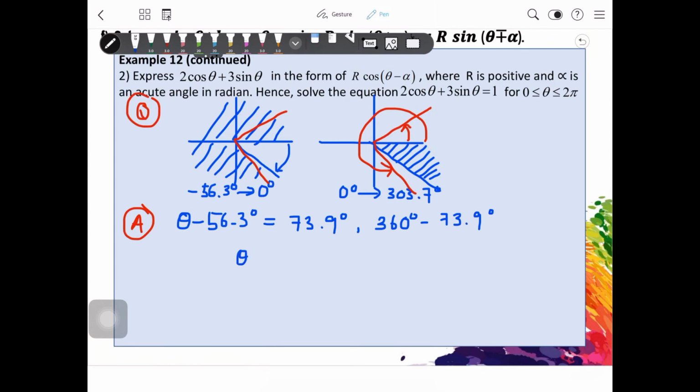So for theta, you have to move this 56.3 to the other side, so it's going to be 130.2 degree and 342.4 degree. But the question is asking in terms of radian, so you have to change it into radian.